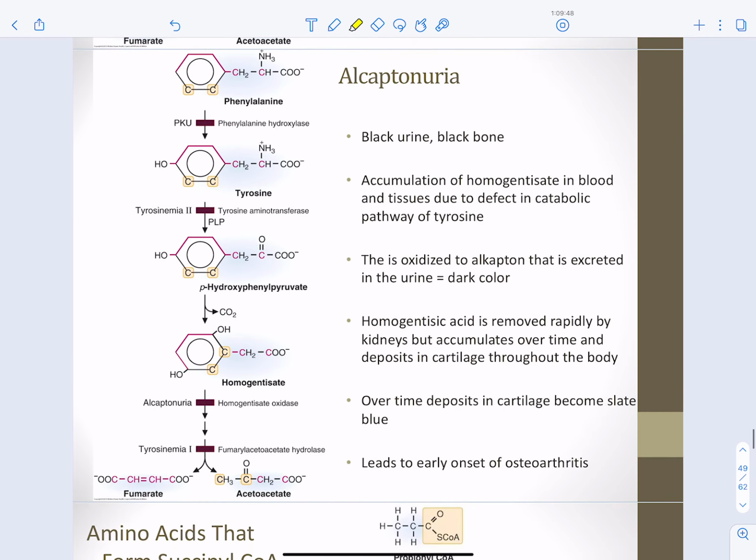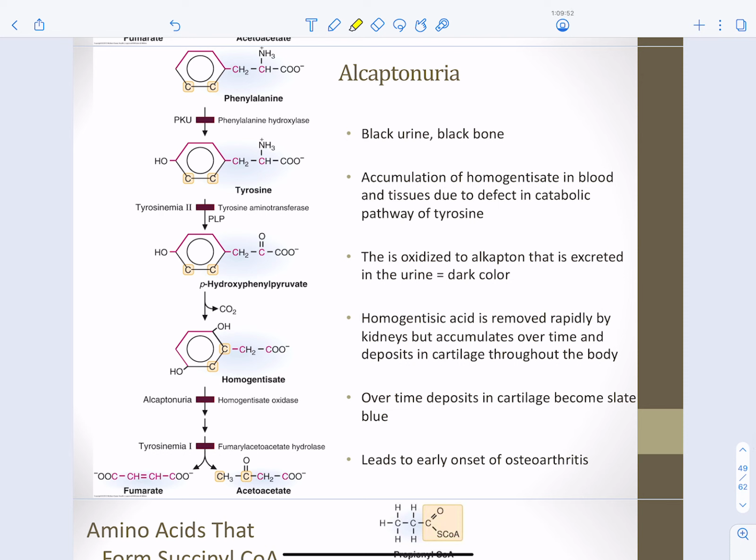And then also alkaptonuria, which is referred to as black urine or black bone. Alkaptonuria is going to be a defect of your homogentisate oxidase. So homogentisate accumulates, and that is going to be oxidized, and that is what leads to the color change of the urine and the bone.